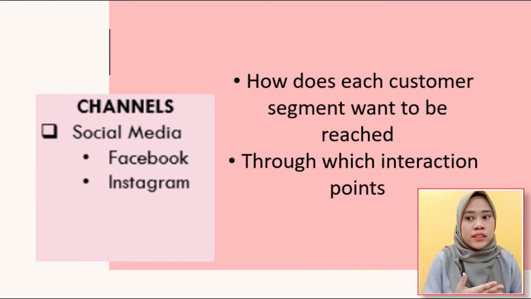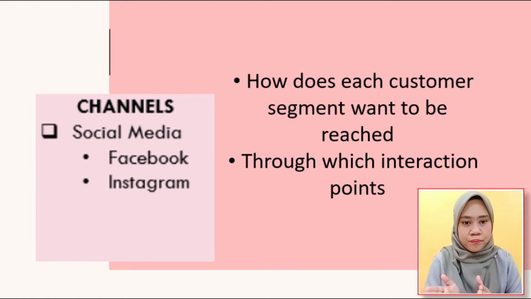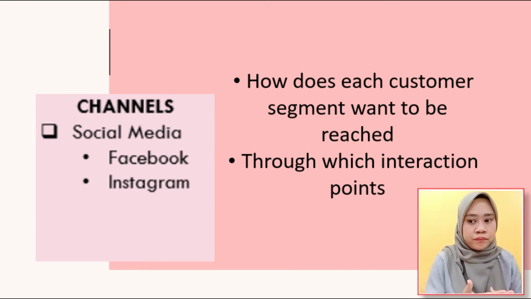Since Widudo is an online business, the business will be using online platforms, which is social media. The social media that will be used by the business are Instagram and Facebook. The business will post the information about the business and also their product on the social media.